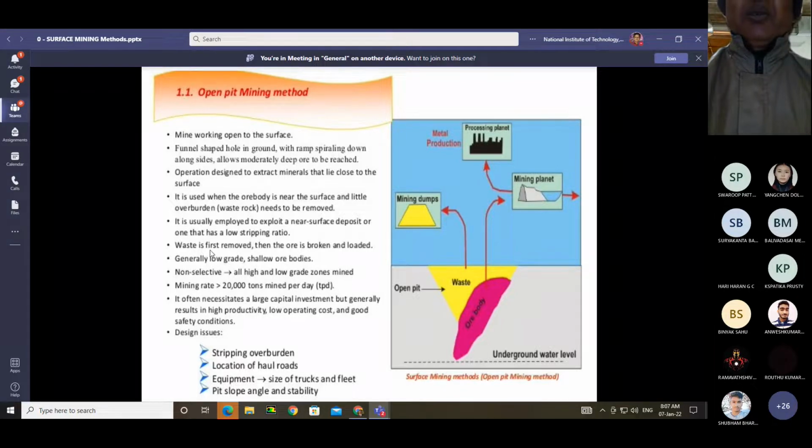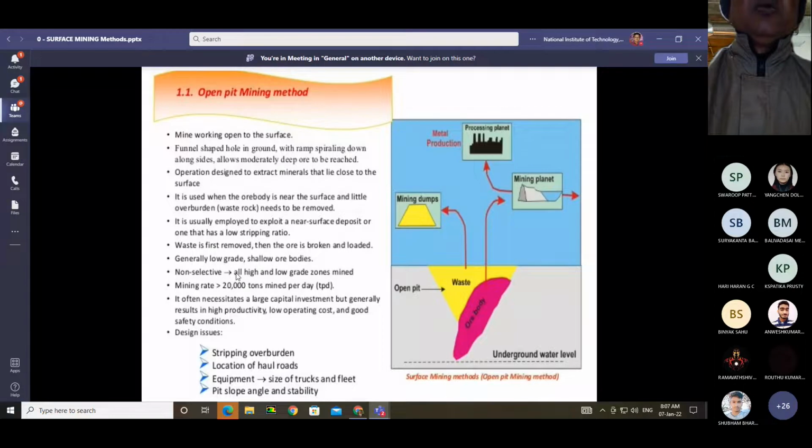The waste material, which is the overburden, is first removed. Then the ore is broken down and loaded by the loading machines and transported by the dumpers. Okay.